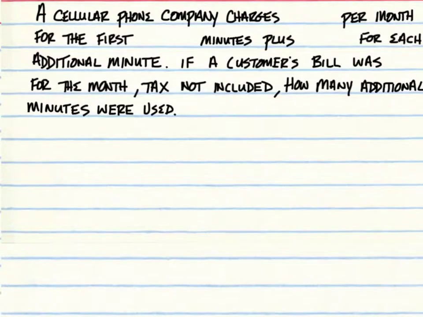A cellular phone company charges $50.99 per month for the first 1,200 minutes, plus 11 cents for each additional minute. If a customer's bill was $71.25 for the month, tax not included, how many additional minutes were used?